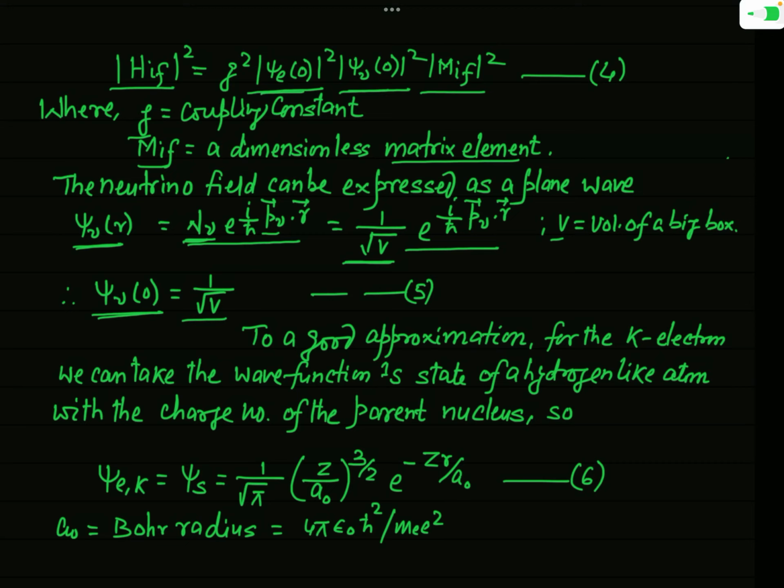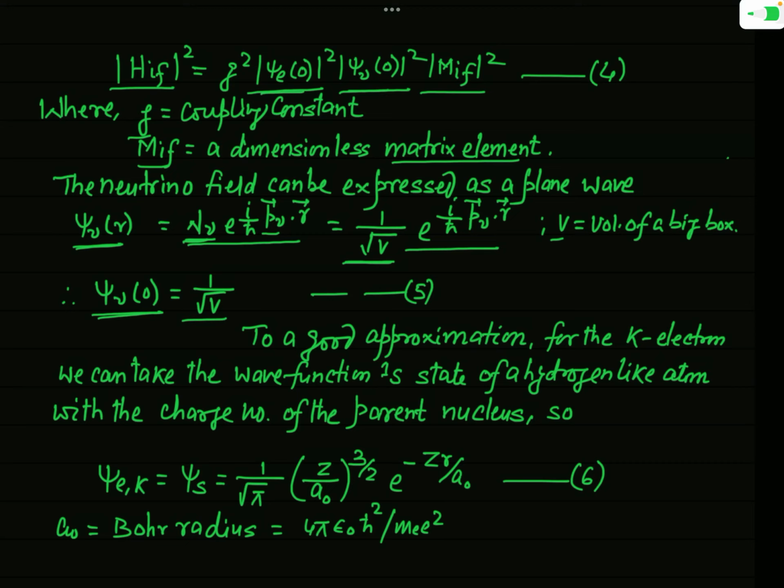But in this electron capture case, the electron is already present in a shell, and that electron is captured by the nucleus. When the nucleus captures the electron, after capturing it, the nucleus behaves just like a bound system, or a hydrogen-like atom.